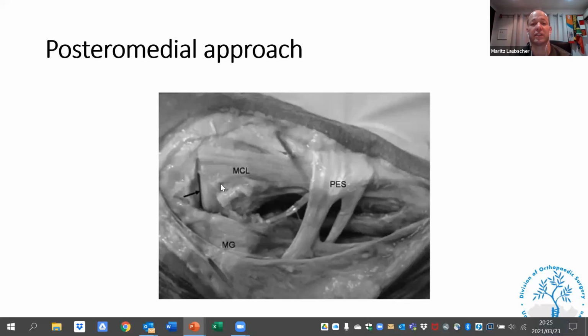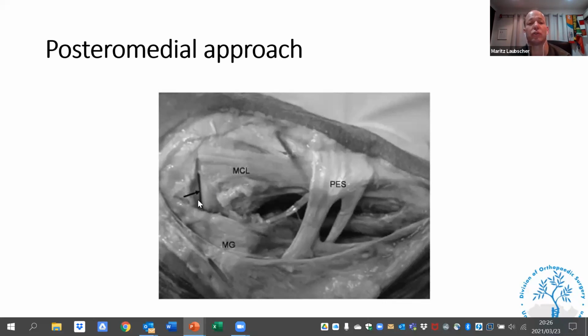Very important here is that you cannot do a submeniscal arthrotomy on the medial side like you can on the lateral side, because then you cut your MCL. You can look into the joint very posterior. This is your deep MCL, behind the border of the thick fibers of the deep MCL.